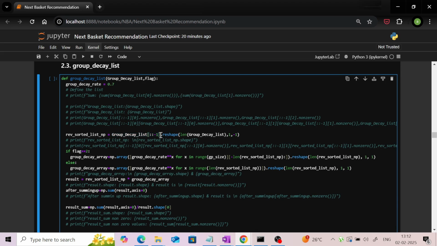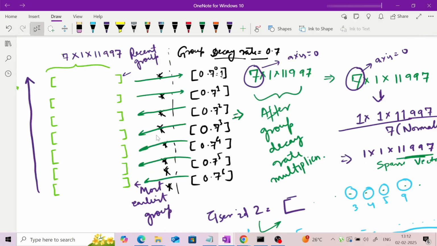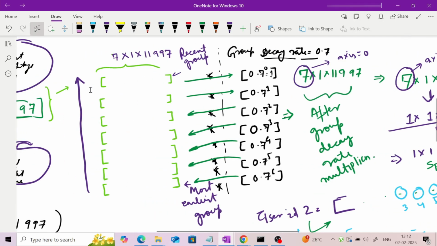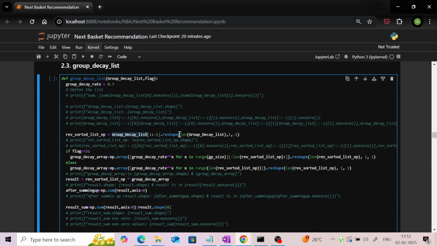First, by using this particular kind of array manipulation, we reverse it: colon minus one is how you reverse a list. So if you do colon minus one, the seven groups of the list are reversed in such a way that the most recent group comes on the top and the earliest group comes on the bottom.